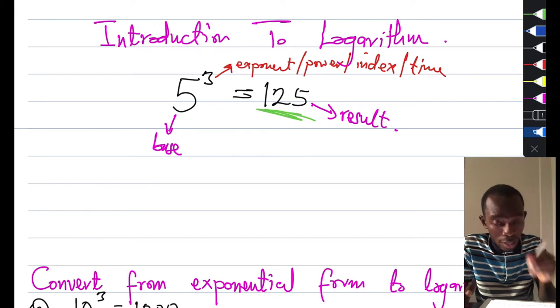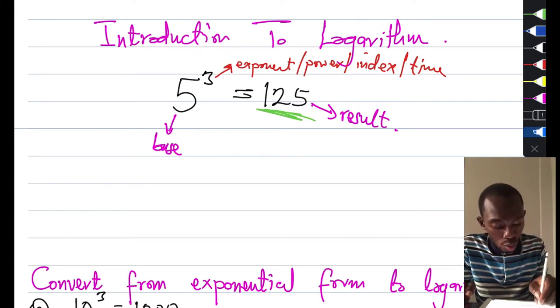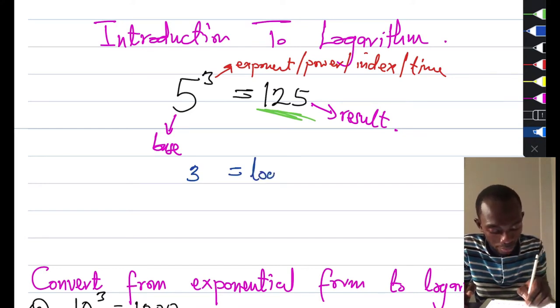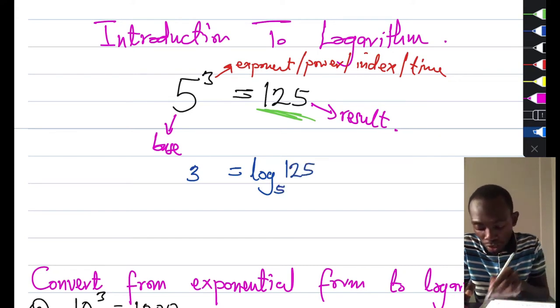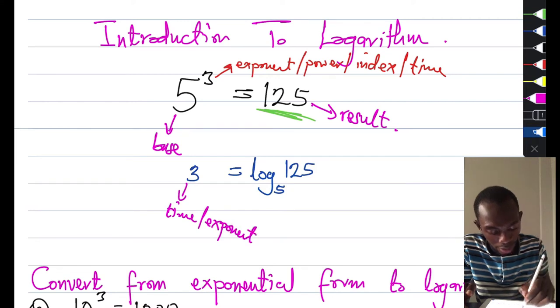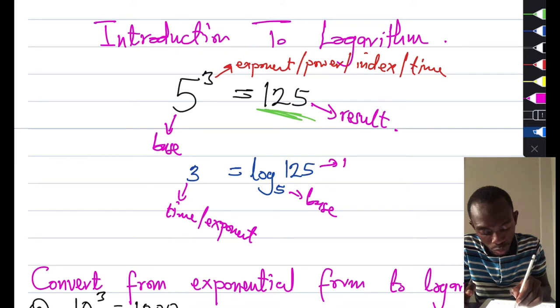So this is how you do it. You write 3 is equal to log the result 125, base 5. Now check this out. This is the time or the exponent. The base is 5 and the result is 125.